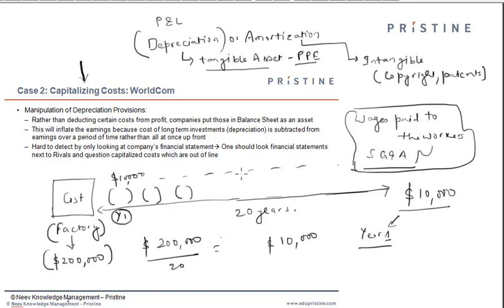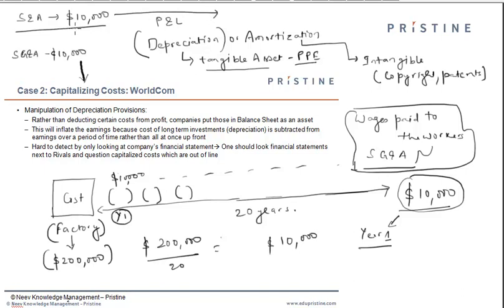So let's say my SG&A expenses continue with the same example. SG&A expenses are $10,000, so my SG&A line in the P&L statement should show a deduction of $10,000. Now, what some companies have done, which is fraudulent in nature, is put this cost as an asset in the balance sheet, the same way as we do for plant, property and equipment. They put this cost as an asset and then deduct some part of it as depreciation expense.